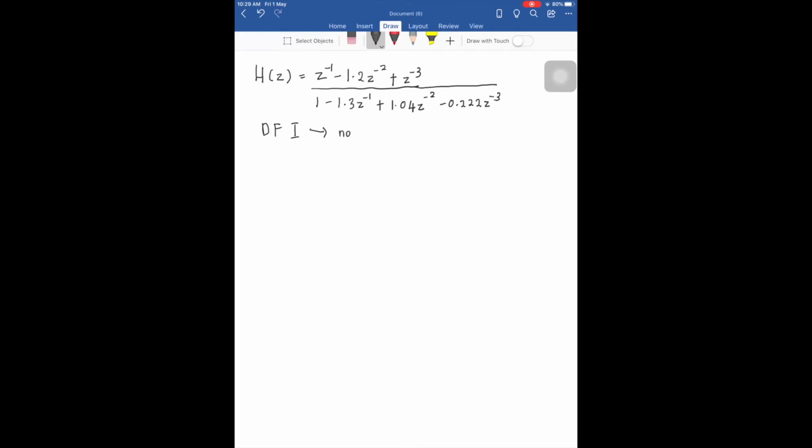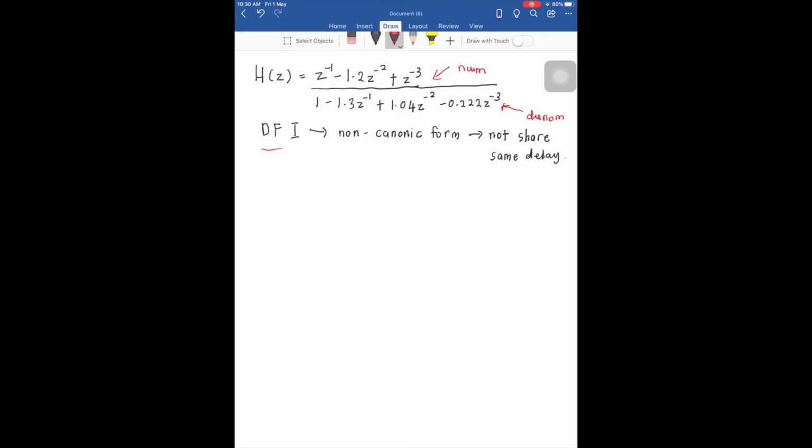Direct form 1 is a non-canonic structure. In direct form 1, you are not sharing the same delay for the numerator and denominator parts. We have the numerator part and then the denominator part.